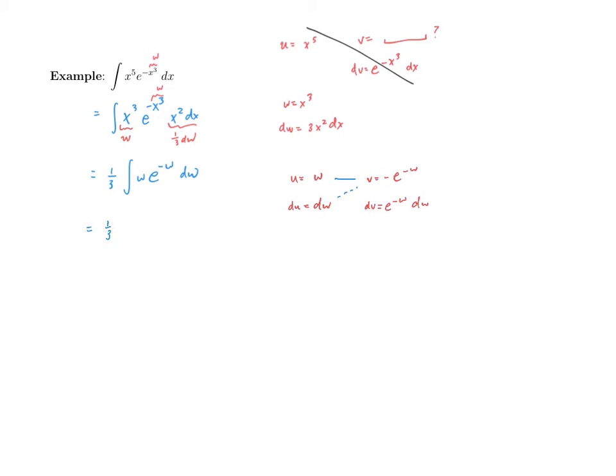Integration by parts is uv minus the integral of v du. So we have the 1/3 we'll be careful of out front, minus w e to the minus w, and we're subtracting away the integral of v du. But note in v we have this extra minus, which will turn the minus out front of the integral into a plus, and we're integrating e to the minus w.